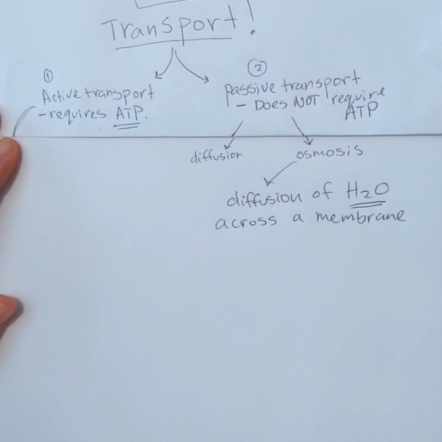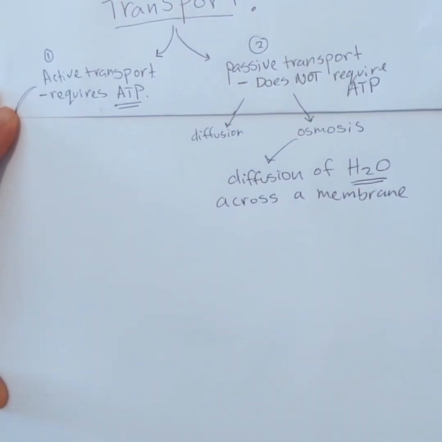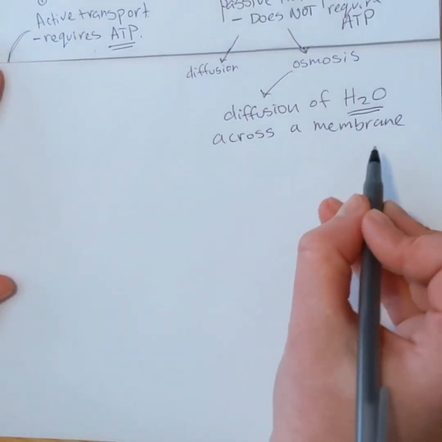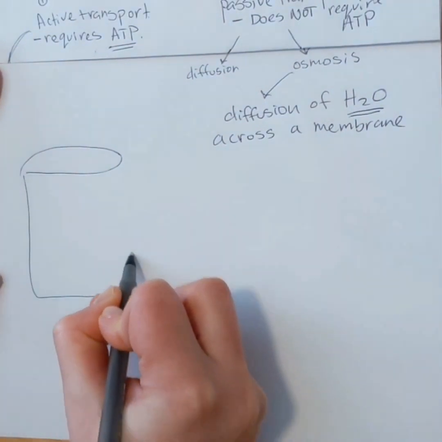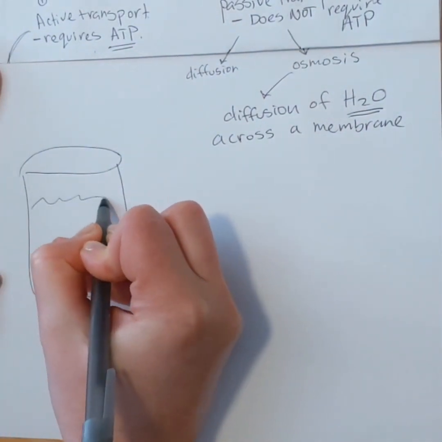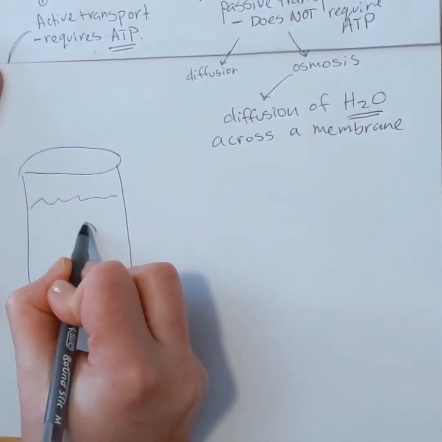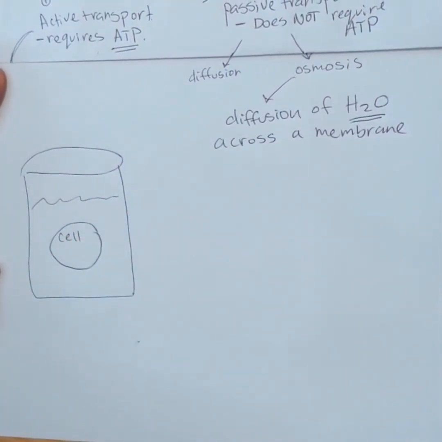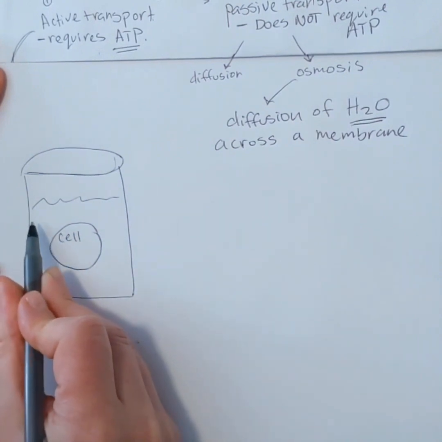Now, when we're talking about osmosis, we have some fun vocab to add. I've got a beaker. Here's my fabulous beaker, and my beaker's full of water. And inside my beaker, I have a cell. Y'all with me so far?